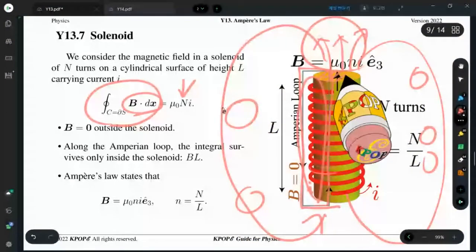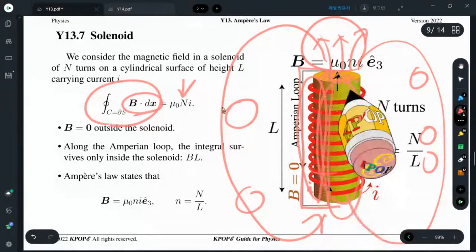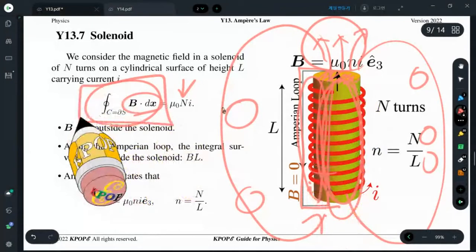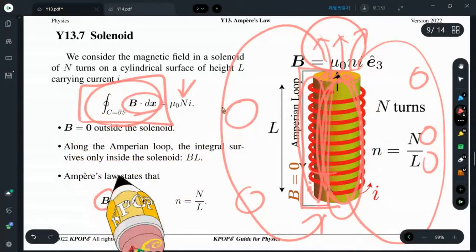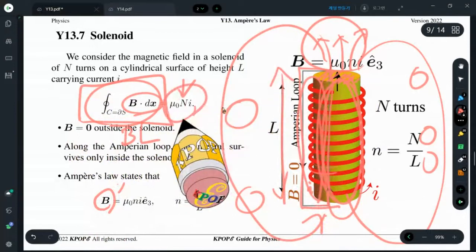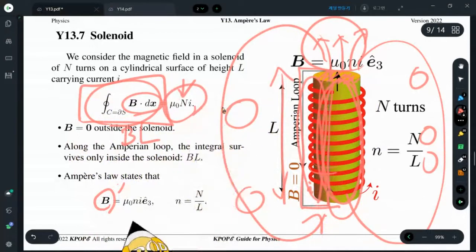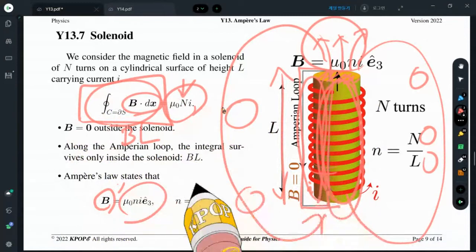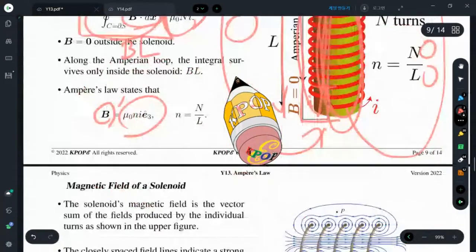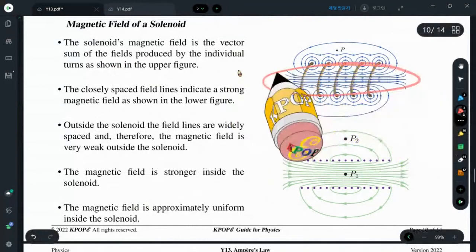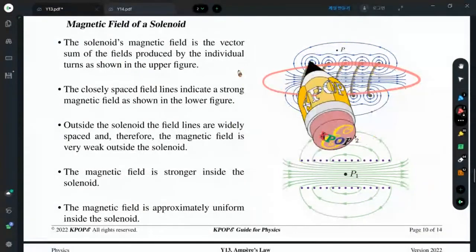Therefore, the magnetic field is concentrated inside the solenoid. So this integral is magnetic field multiplied by length. Okay? And the right-hand side is known very well. Using this result, we can compute the magnetic field inside a solenoid like this. Just as I have explained, the magnetic field is concentrated inside the solenoid.